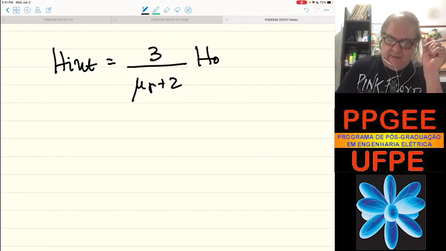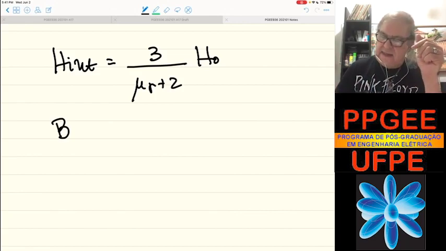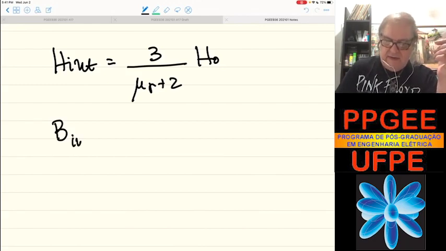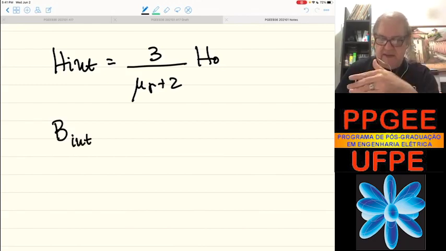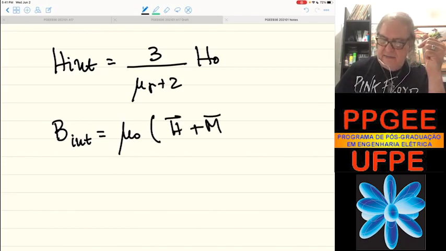I mean, the internal B, everything in the Z direction, right? The magnetization, let's say B internal is in the Z direction and equals mu 0 times H plus M, right?